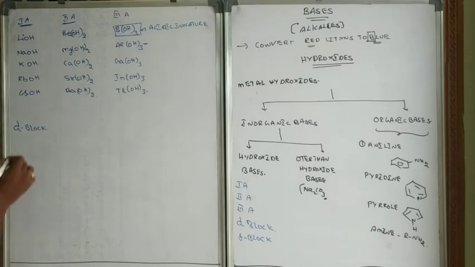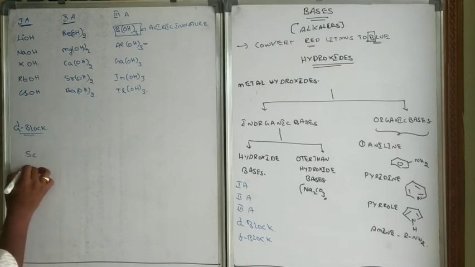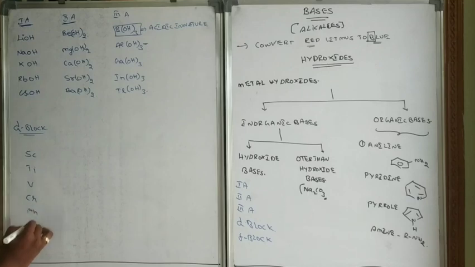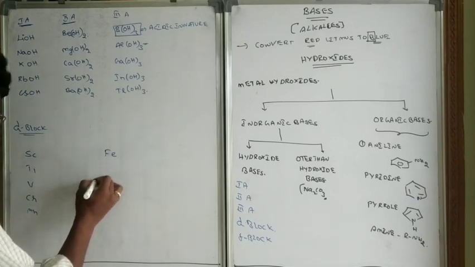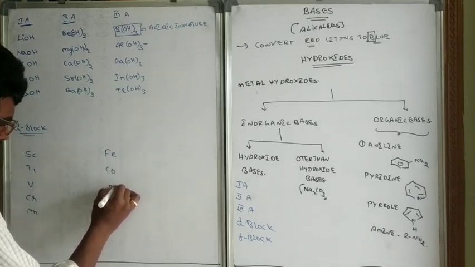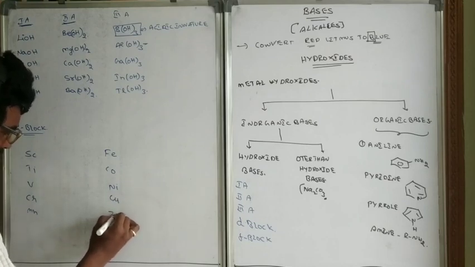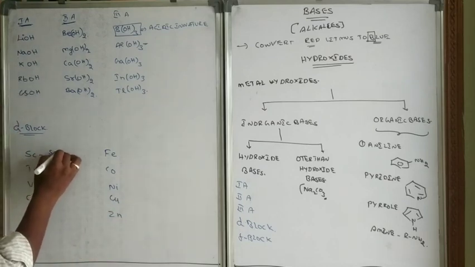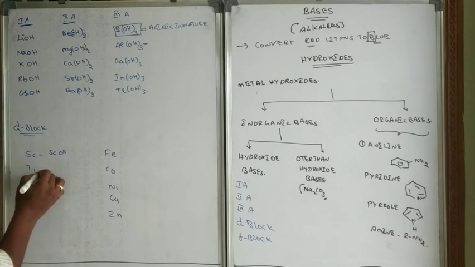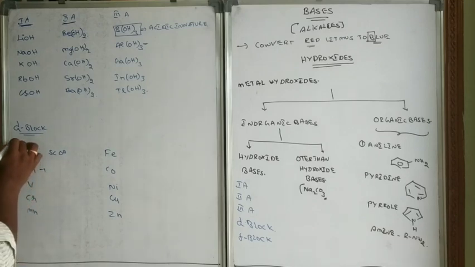Let's come to D block elements. The D block elements we are having are scandium, titanium, vanadium, chromium, manganese, iron, cobalt, nickel, copper, zinc. So scandium hydroxide you can take. But here scandium will be showing two different oxidation states, +1 and +3.